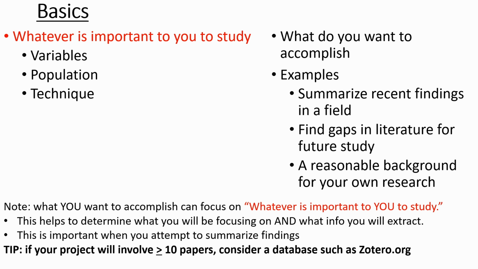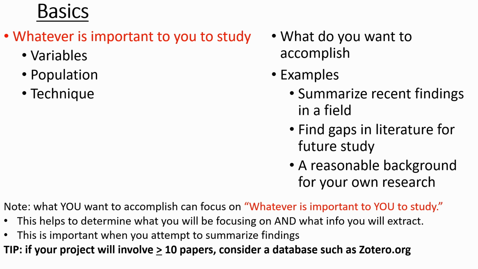So, for example, let's say there are 1,000 studies that have looked at mobile phone use on sleep habits in college students, different types of studies. Well, you might say, I looked at all the studies and I didn't see any that talked about mobile phone use in people with disabilities, for example.